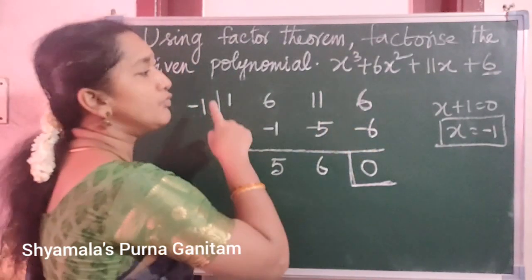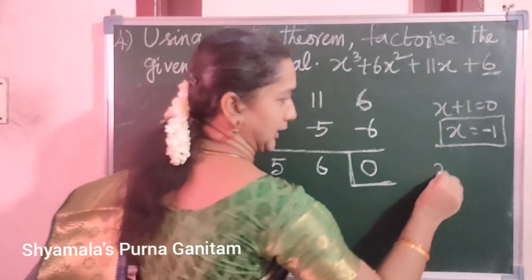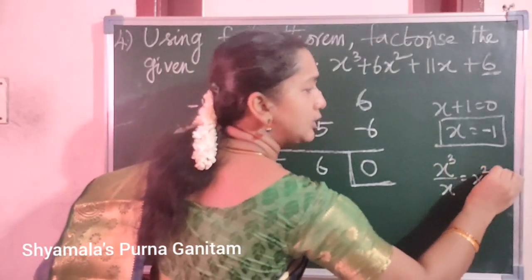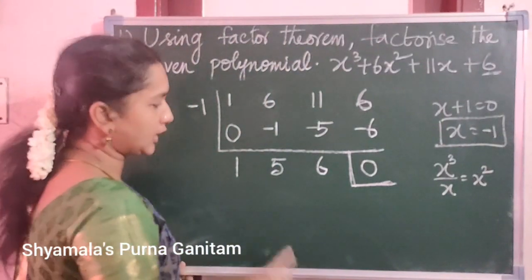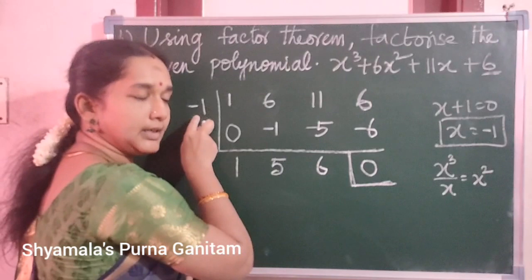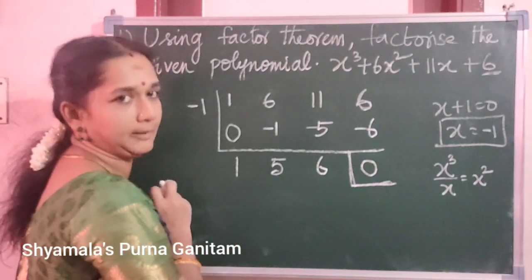So when you are dividing a cubic polynomial by a linear polynomial, you will get the answer in a quadratic polynomial.